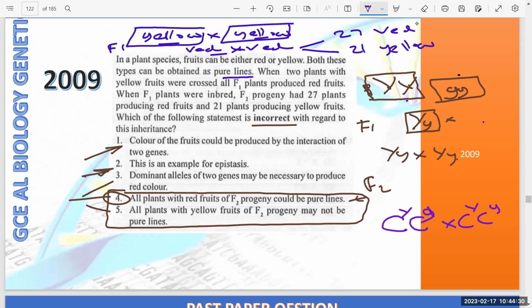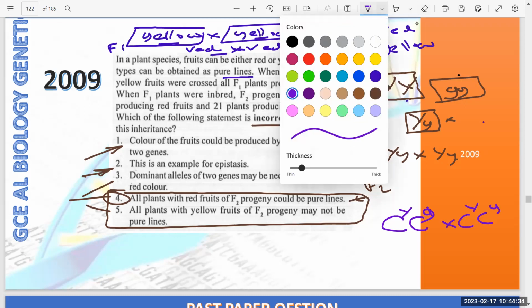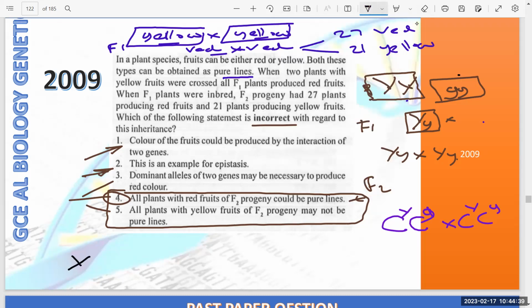So Y and R. I write here because it's not clear. So C, Y, C, R. If we cross C, Y, C, R.